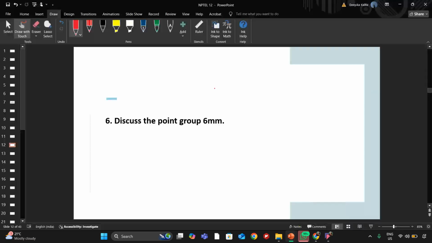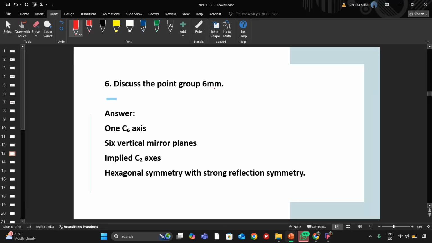So in the next question, we have discussed the point group 6mm. So from the point group given, 6mm, we have to conclude that the principal axis of the molecule will be C6. Okay.